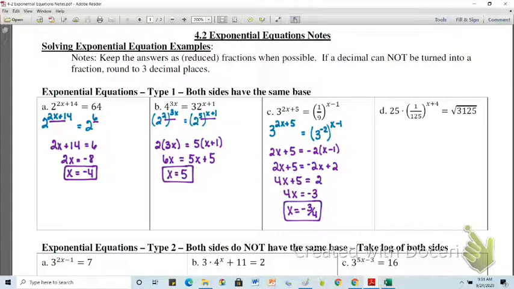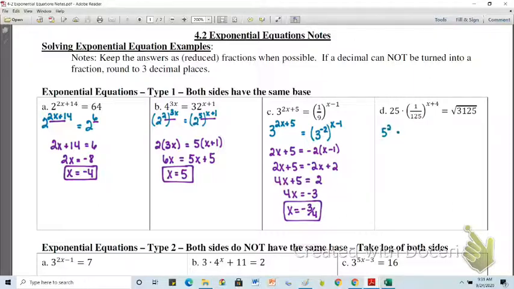Okay, the last one of type 1. Now you'll notice I have 2 things on the left I need to rewrite and just 1 thing on the right. My common base for all of these is 5. So the first one, 25 is 5 squared.